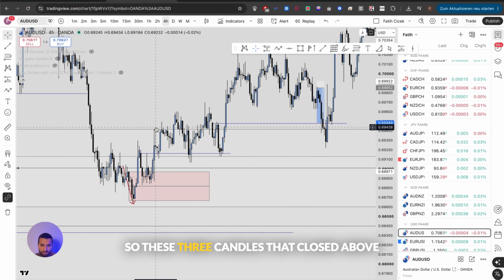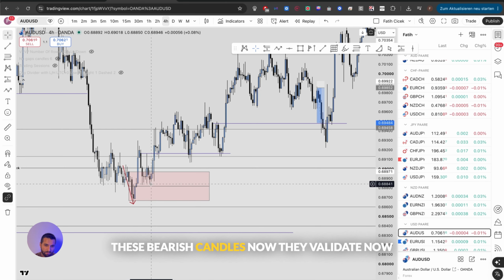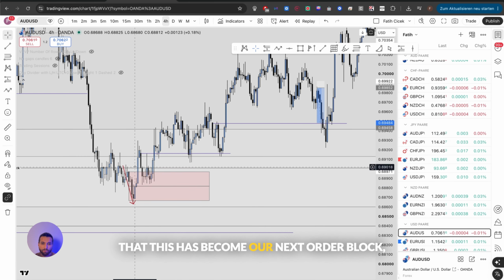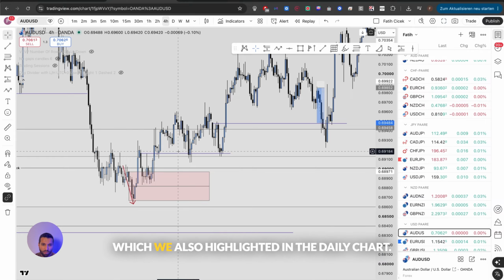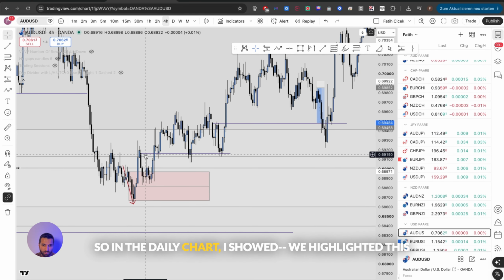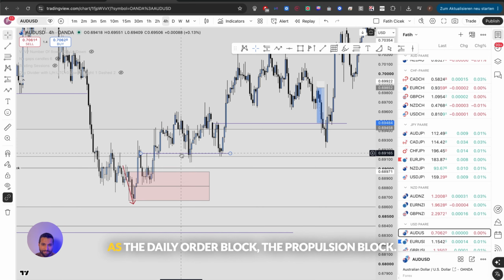These three candles that closed above these bearish candles now validate that this has become our next order block, which we also highlighted in the daily chart. In the daily chart, we highlighted this as the daily order block, the propulsion block.